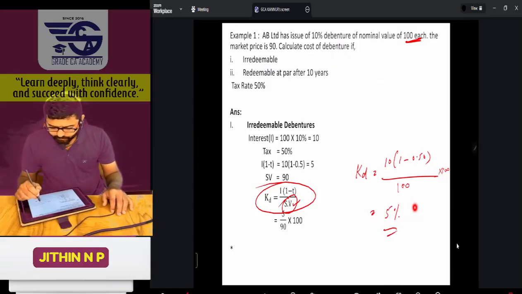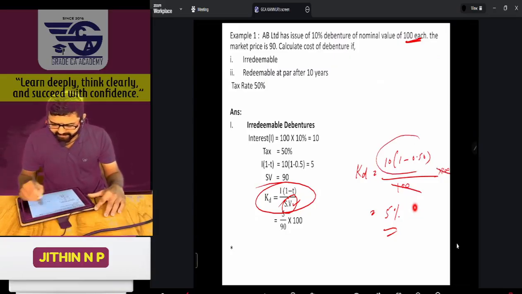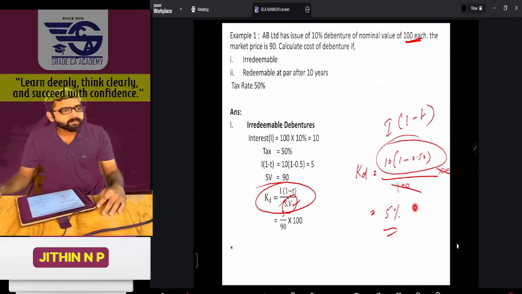If it is issued at a face value or nominal value, the formula you can simply write as I into 1 minus tax. Divided by SV not required. Why? If it is issued at a nominal value or face value, the formula will be KD is equal to I into 1 minus T for irredeemable debt.